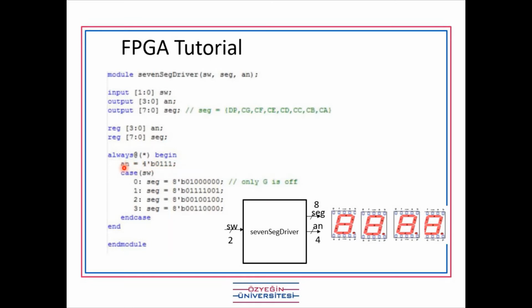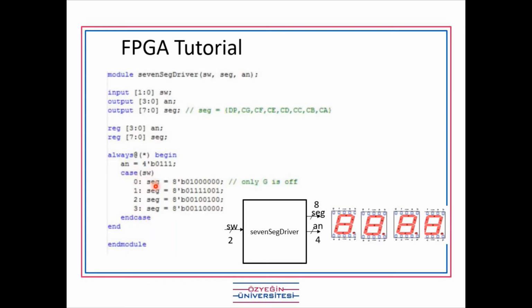By setting AN to this value, we are activating this 7 segment, but this will be shown in the FPGA hardware by itself. Since we are doing simulation, this doesn't matter much, but let's still set it to 0 and the rest 1.